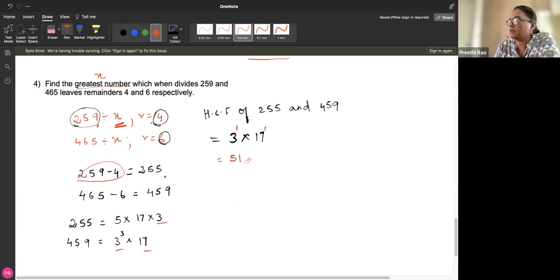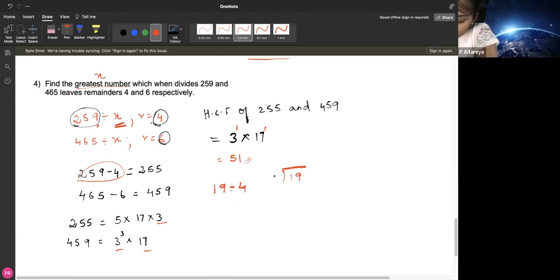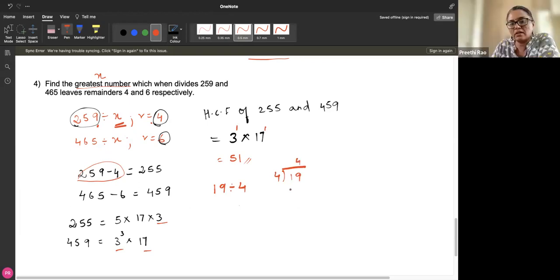For example, if I'm dividing 19 by 4, 4 4s are 16. Remainder is 3. So 4 does not divide 19 exactly. It has a remainder of 3. There is an extra 3. We can think of it like that.